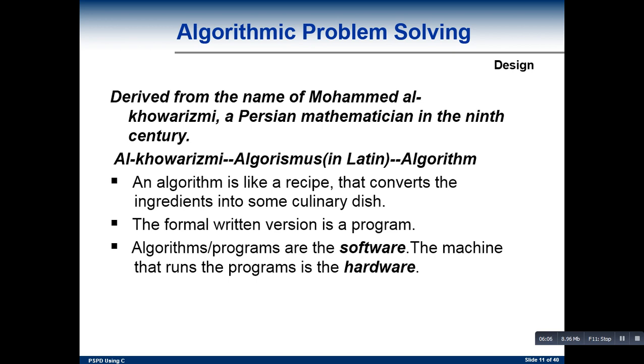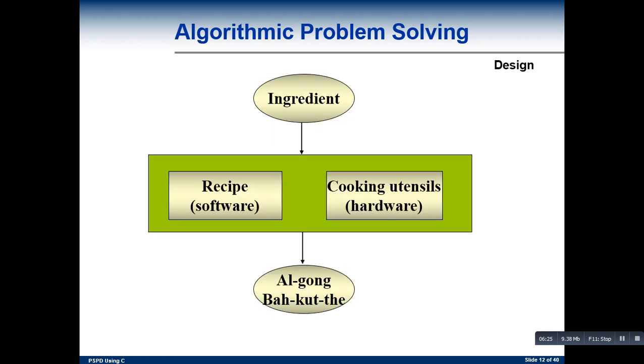The formal written version is a program. Algorithm and program are software. The machine that runs the program is the hardware. Ingredients and recipe are software, and cooking utensils mean hardware, and the dish means output.